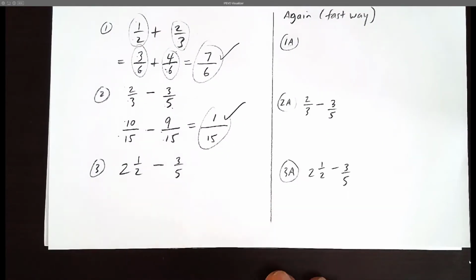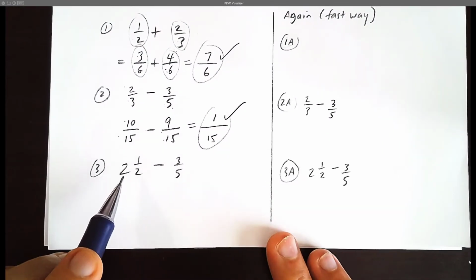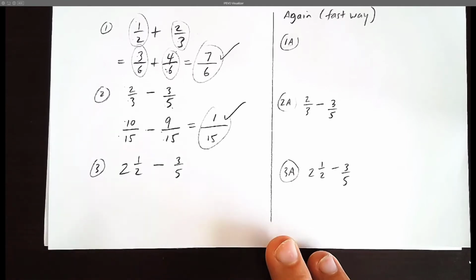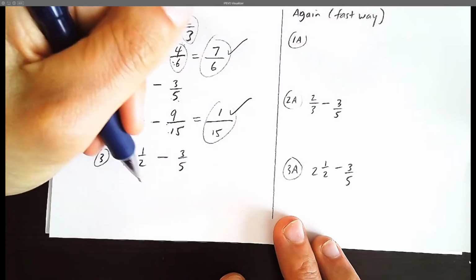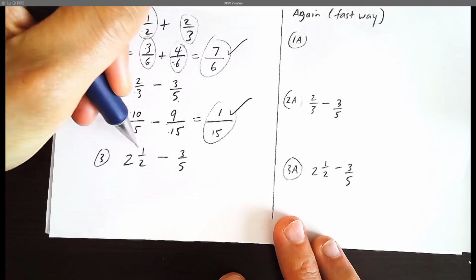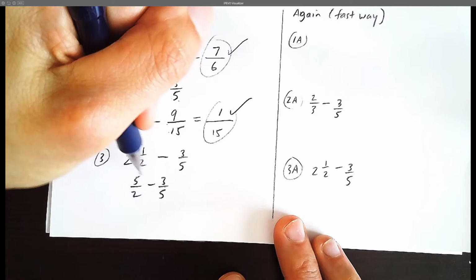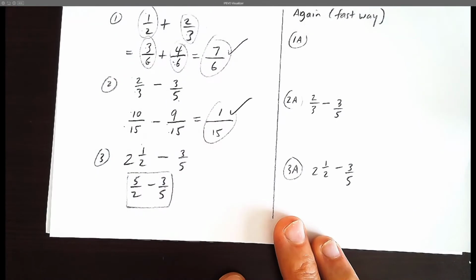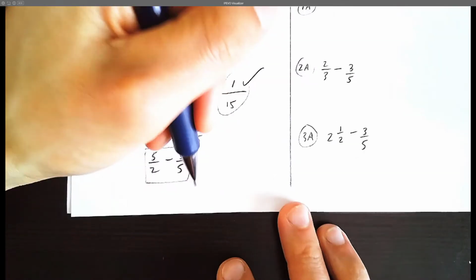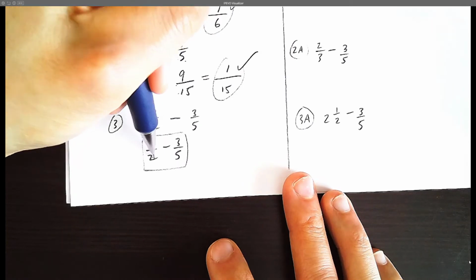So the third question here, we have a mixed fraction. It's recommended that you convert it to an improper fraction. 2 times 2 is 4, plus 1 is 5, over 2 minus 3 over 5. So we're going to treat this question as this now. And now, just like previously, we're going to find a common denominator. 2 times 5 is 10.